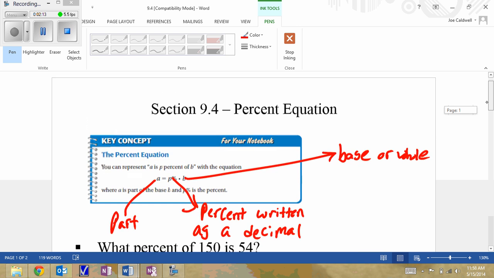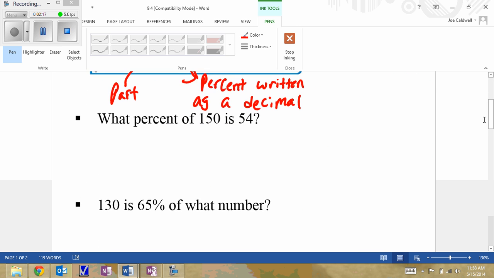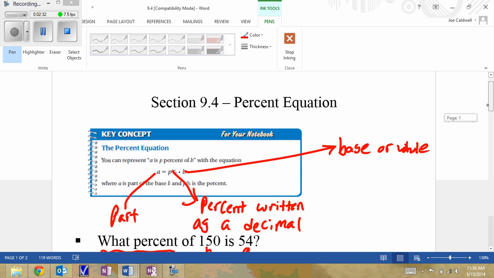So in this first example, hopefully I didn't make you dizzy here, we have what percent. So that should give it away right now that you're going to be trying to solve for the p-value. All right, so we're going to plug in this for our b and this for our a into our equation up here.